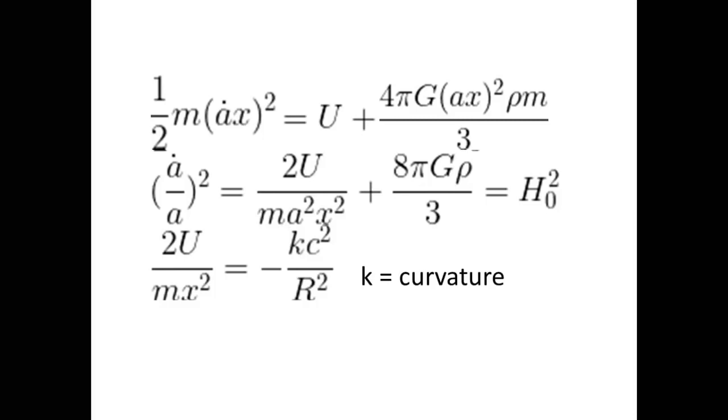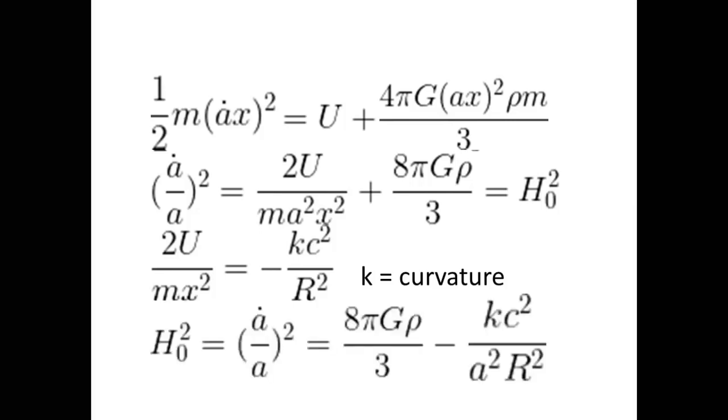We'll dive into it later. Right now, all you need to know is that k is dependent on the energy of the universe, or the component energy of the universe, such that we can restate the equation here. H null squared is equal to the change in a over time divided by a squared, which is equal to 8 pi G rho over 3 minus kc squared over a squared r squared. Remember to put the a squared back in.